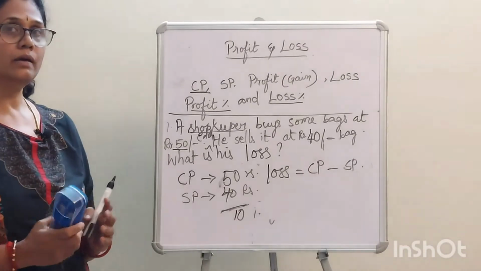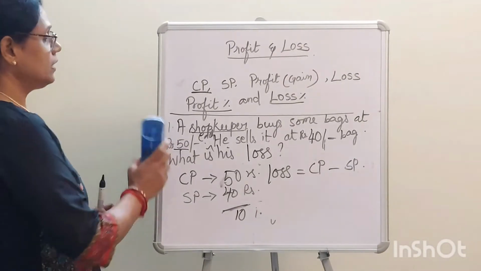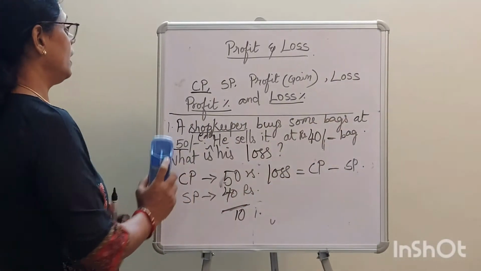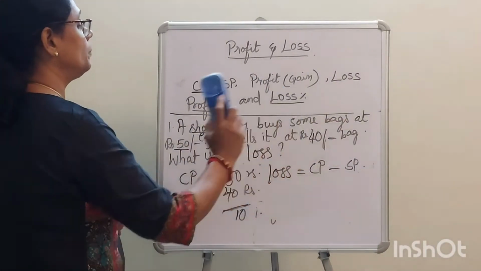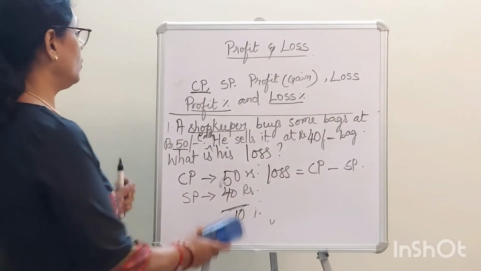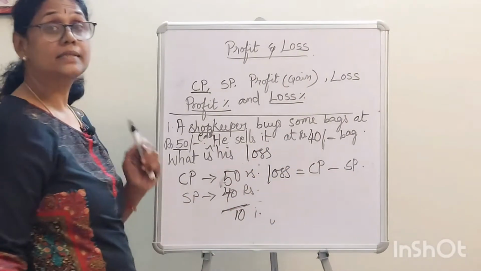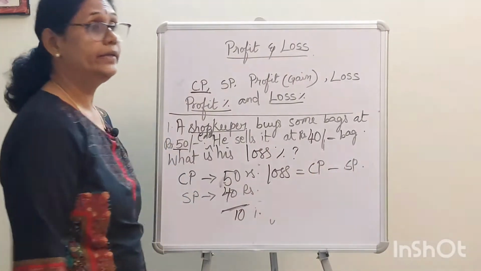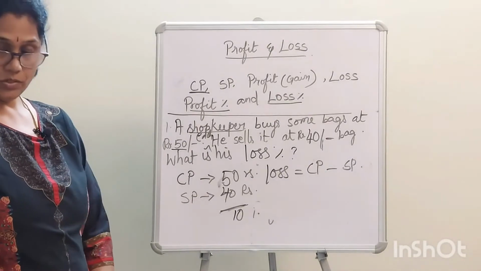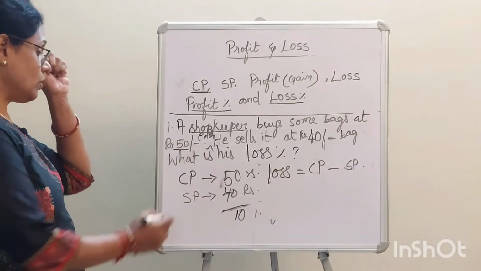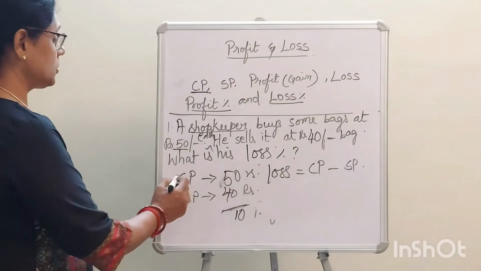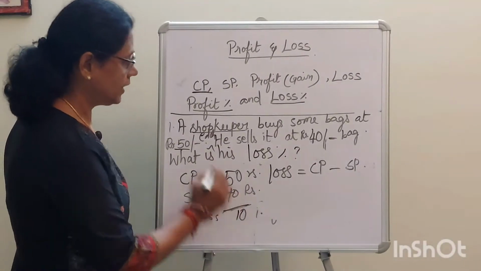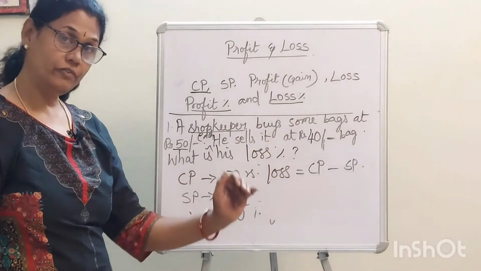So how to get the percentage? Here the same problem. The shopkeeper buys some bags at 50 and he sells it at rupees 40 per bag. And what is his loss percentage? Not only do you have to find out the loss, you have to find out the loss percentage. So how to find out? Same procedure, cost price is 50, selling price is 40. First you have to find out the loss.